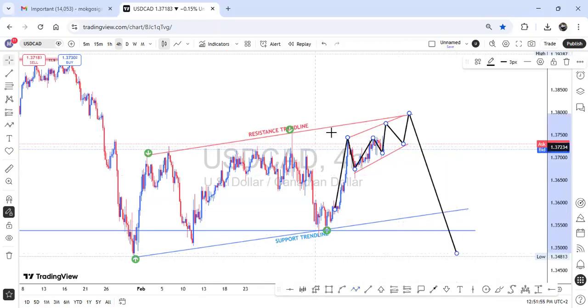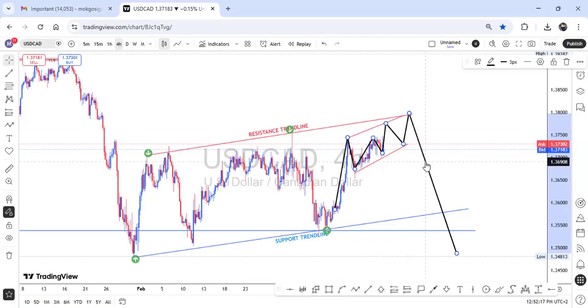Later on, we're going to say we have a 1, 2, 3 touches within the pattern that we have, because we have a pattern within the pattern. We'll be saying first touch, second touch, and third touch. The fourth touch is a breakout.